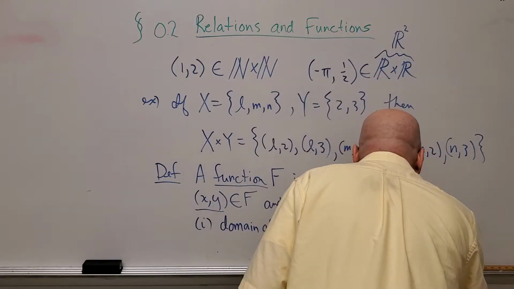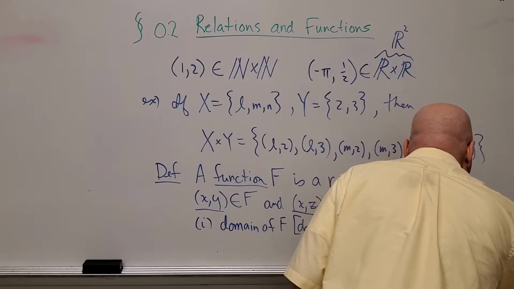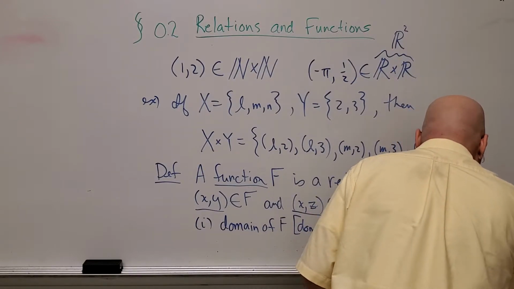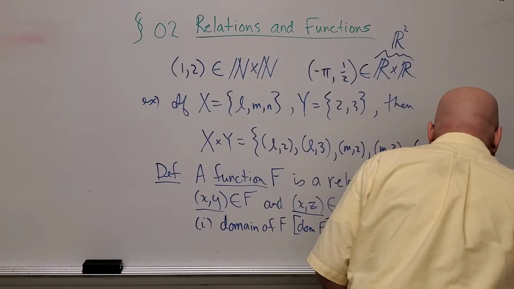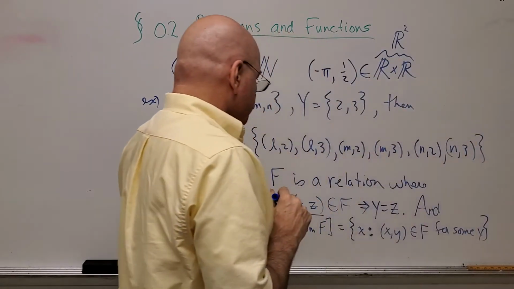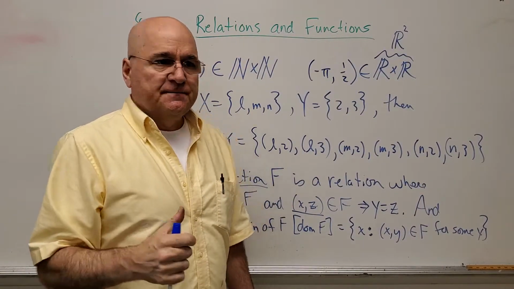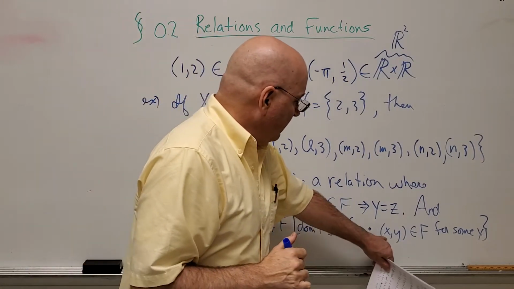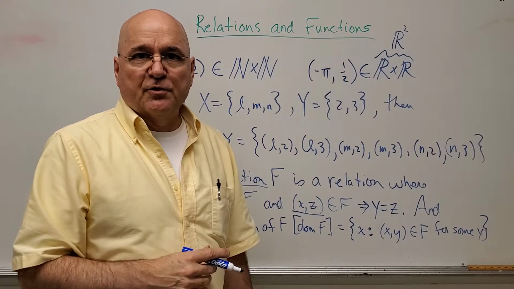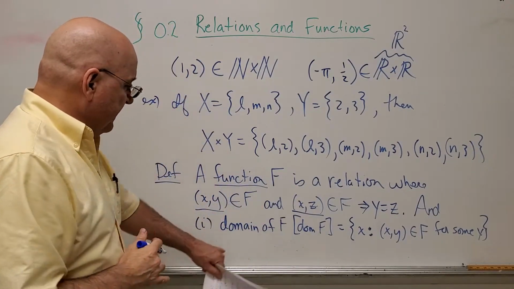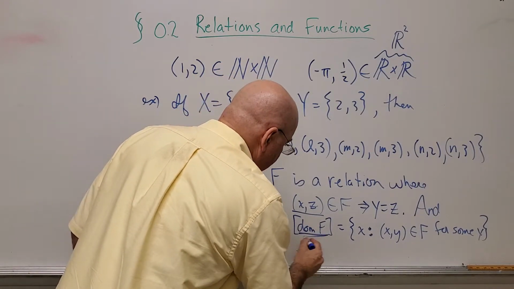So (x, y) is an element of f for some y. Okay, so you can look at every single ordered pair in the function, take all of the x elements, the first component in the ordered pair, that collection, that set, makes the domain of f. And again, I'll usually abbreviate it like that.